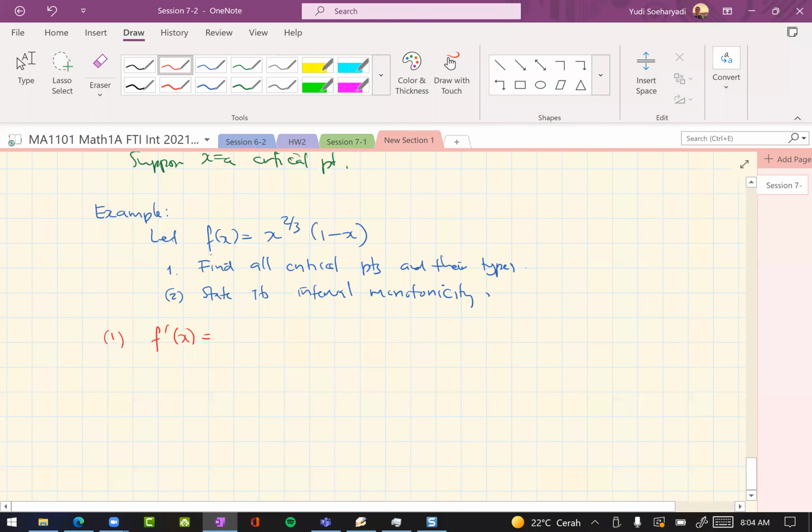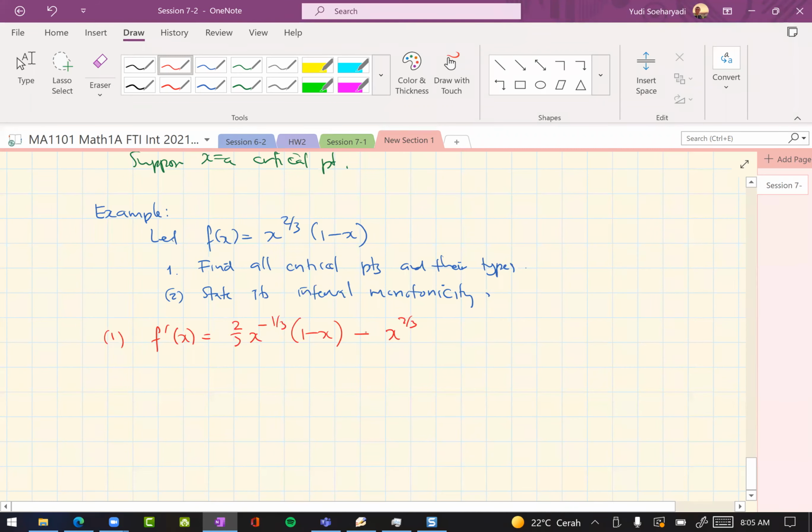Let's compute the derivative. The derivative of x to the 2/3 is 2/3 x to the negative 1/3, times 1 minus x, plus x to the 2/3 times the derivative of 1 minus x, which is just -1.